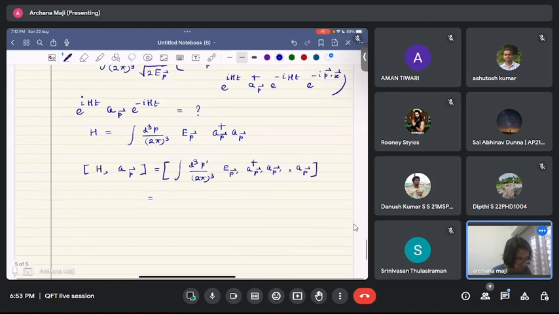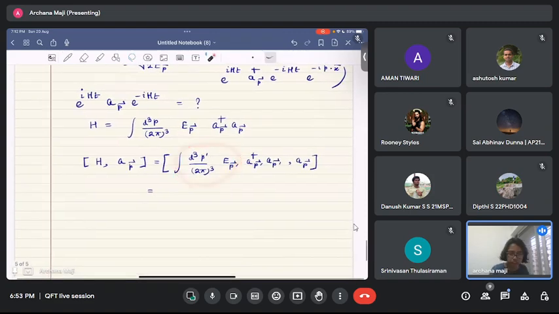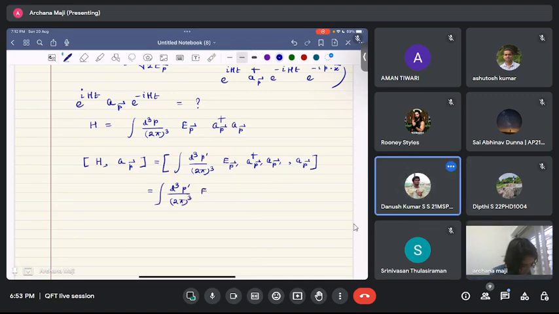Now, since they will not contribute in the commutation relation, we can always keep them outside. So the integral of d3p prime over 2 pi cubed, E_p prime, the commutation relation between a_p prime dagger a_p prime and a_p.